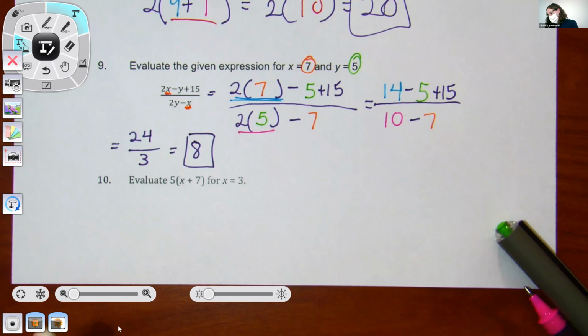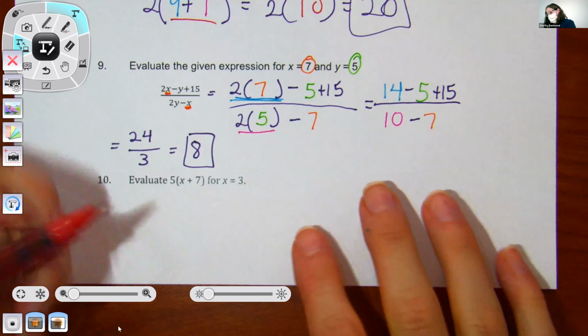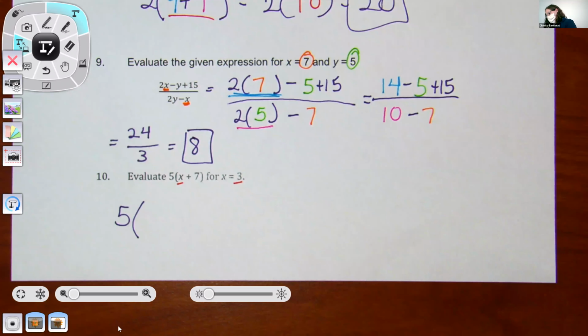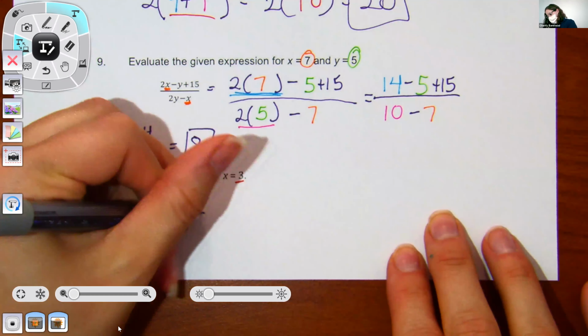All right, and then number 10, evaluate 5 times the quantity x plus 7 for x equals 3. So that would be 5 parentheses 3 plus 7, and then do what's in the parentheses first.